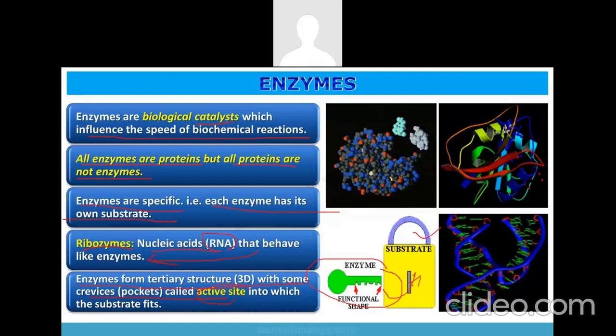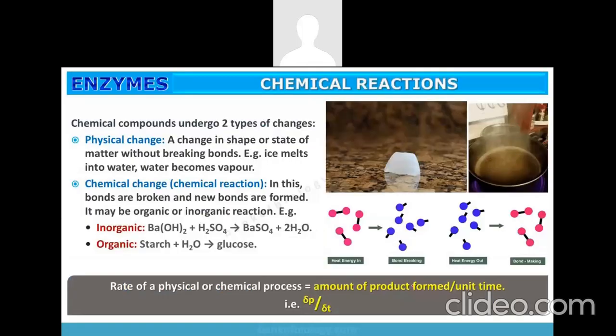So if this is the substrate and this is the enzyme, there is a particular area where the enzyme fits exactly with the substrate, and that place is called the active site. It is only because of this active site mechanism that the enzyme can become functional. This is also called the lock and key model.